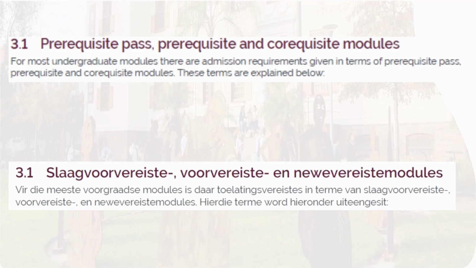Most of the undergraduate modules have admission requirements given in terms of prerequisite pass, prerequisite, and co-requisite modules. I will explain in the second year for the biology focal area what this entails.